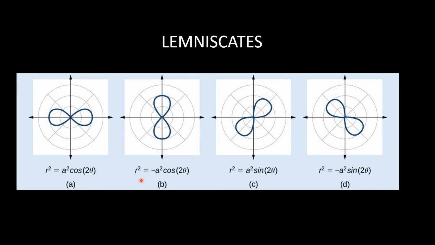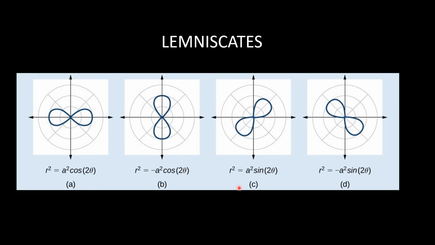For the second one, r squared is equal to negative a squared cosine 2 theta. Since again, the right side should be positive, and it is preceded by a negative sign, cosine 2 theta must also be negative. And that happens when theta is from 45 up to 135 and from 225 to 315.